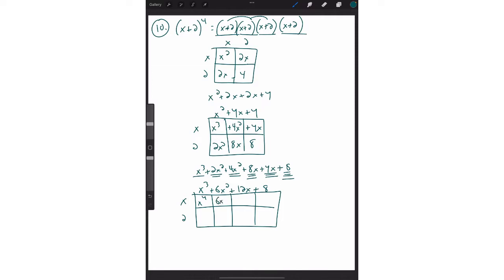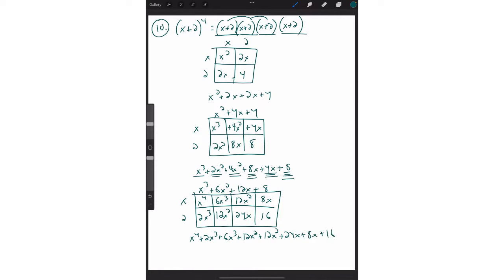And we get 6x to the third, 12x squared, 8x, 2x to the third, 12x squared, 24x, and then 16. So if I add all of this up, x to the fourth plus 2x to the third plus 6x to the third plus 12x squared plus 12x squared plus 24x plus 8x plus 16.